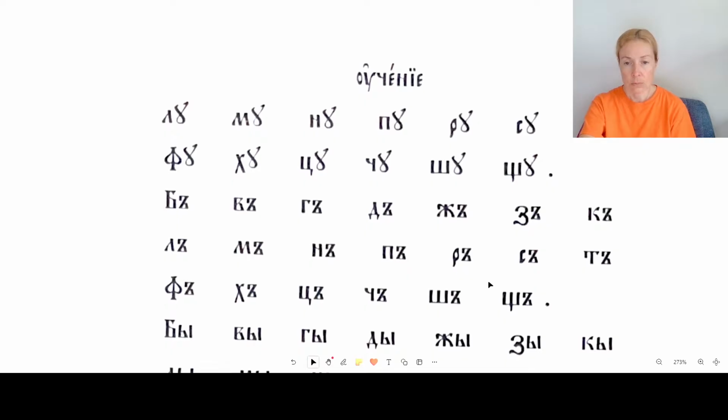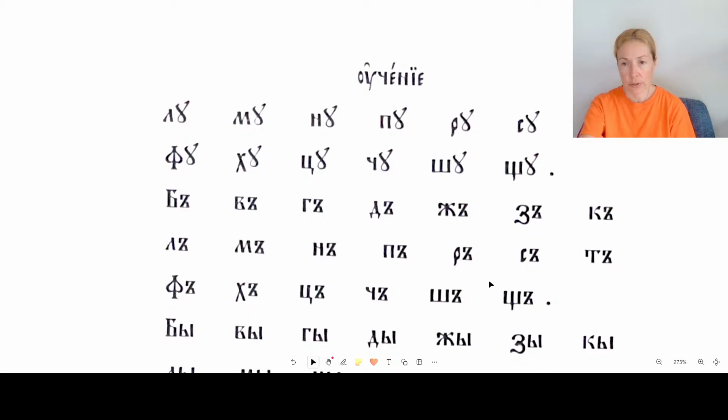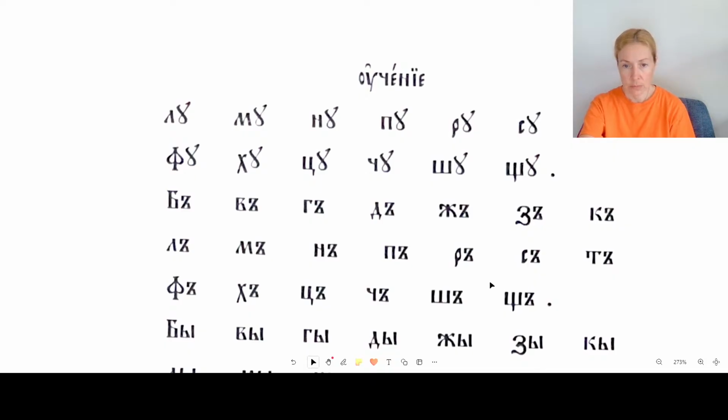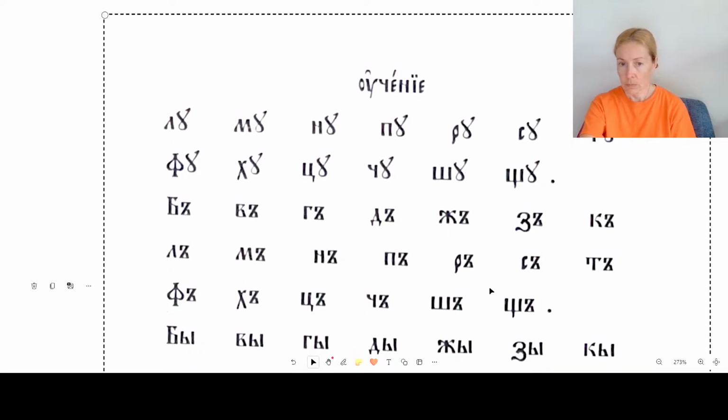Now, this could be interesting because in Old Church Slavonic, the yer gave a very short sound.